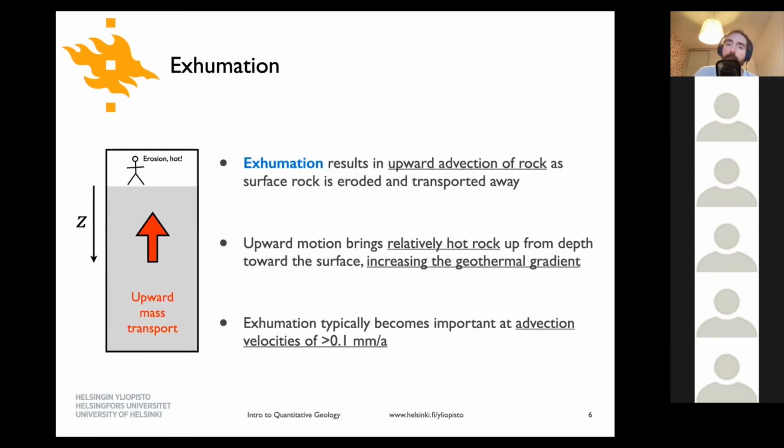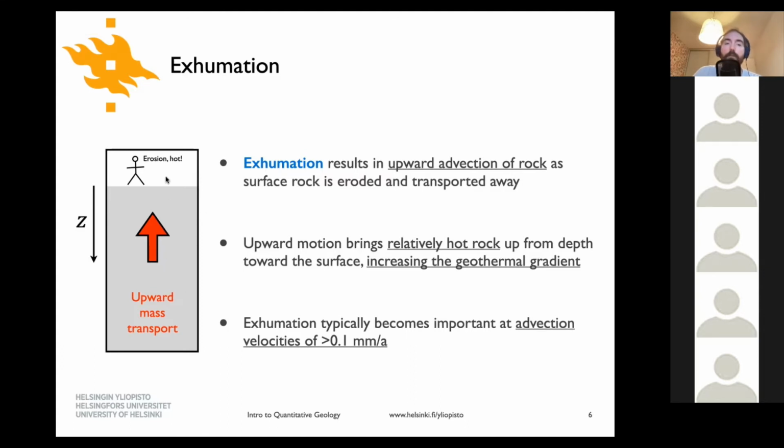What I want to focus on instead is the concept of what advection as a result of exhumation does to temperatures in the crust. So when we have exhumation active as a process, when we're moving rocks up toward the surface, this upward motion advects heat, meaning you have basically warm material moving up closer toward the surface, and the surface rock is being eroded and transported away, for instance, by a river or glacier.